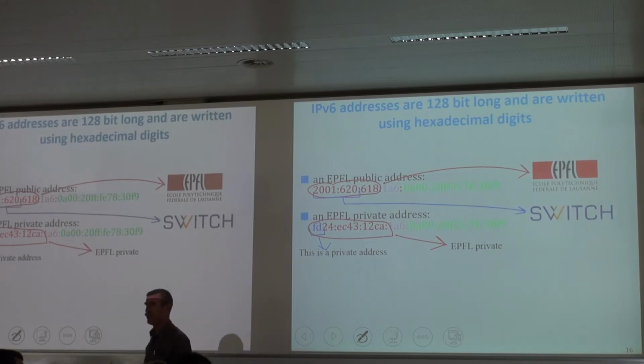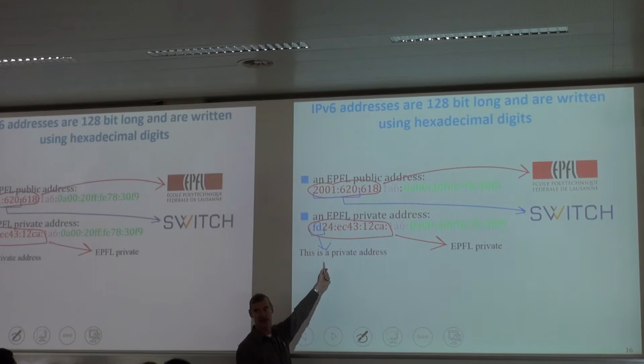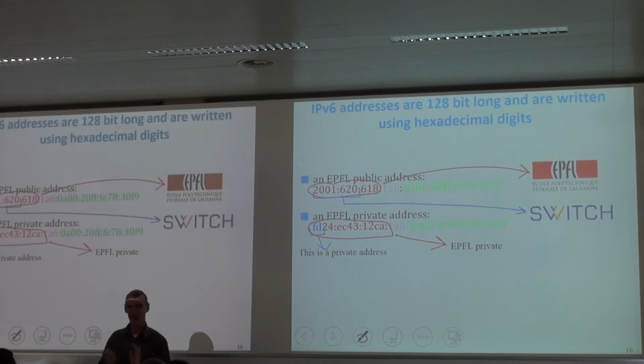With IPv6, we think we can avoid the problem by having prefixes that are given to companies. So this prefix is given to the EPFL Smart Grid project. In fact, there are several private prefixes given to EPFL. One of them is this one, and it's just for the people who work in the smart grid. So it's very nice. You can use your own private addresses, but for a machine that has both a public and a private one, you can use the same host part, for example, and thus make migration very easy.